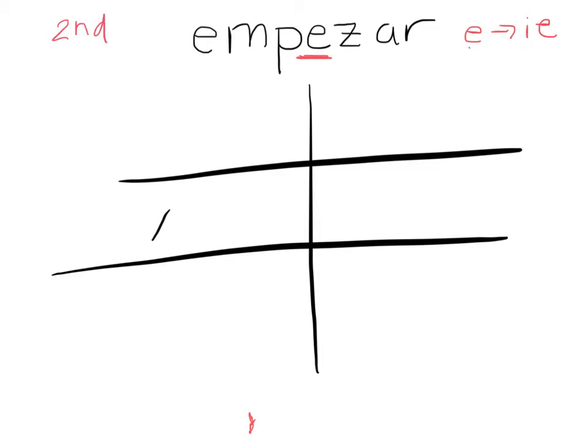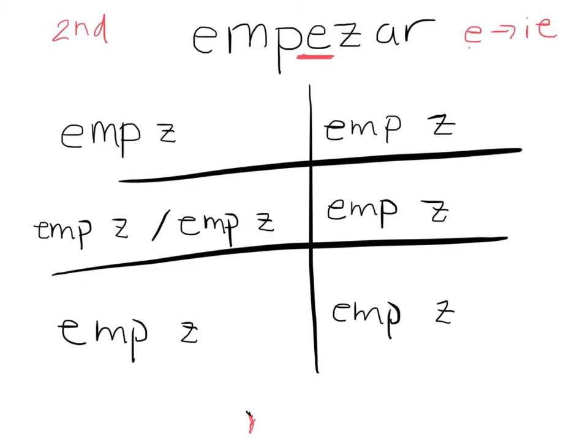So it's this e that's going to be our stem change. The first is going to stay like it should be. So we're going to take the e here, I left a space for you, and we're going to add in the ie instead of the plain e all the way through, except for the nosotros form. For the nosotros form, the e is going to stay in. So we have empez, and here we have empez. It's not going to change there.